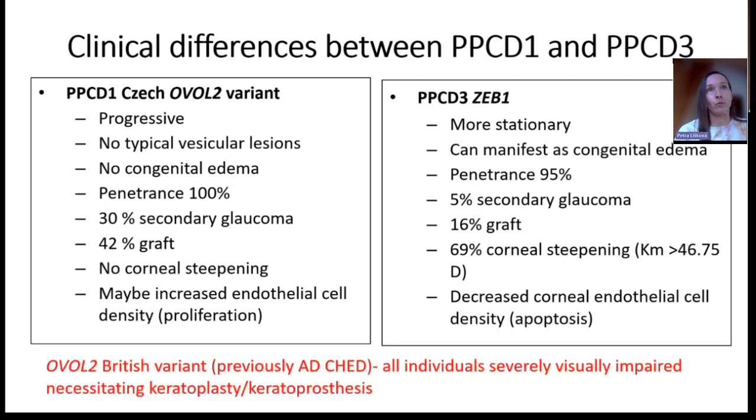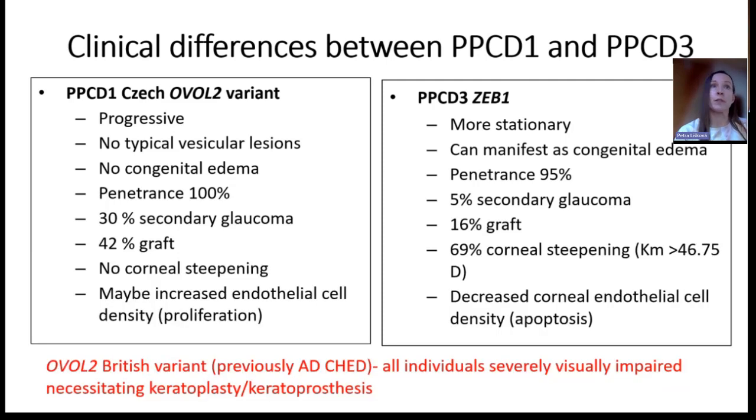We haven't observed a patient with congenital edema, but that only refers to the Czech variant, whereas the British variant, which was previously referred to in the literature as autosomal dominant congenital hereditary endothelial dystrophy, is different. In those individuals, they all are severely visually impaired and many have congenital edema, but in the Czech variant we don't observe it.